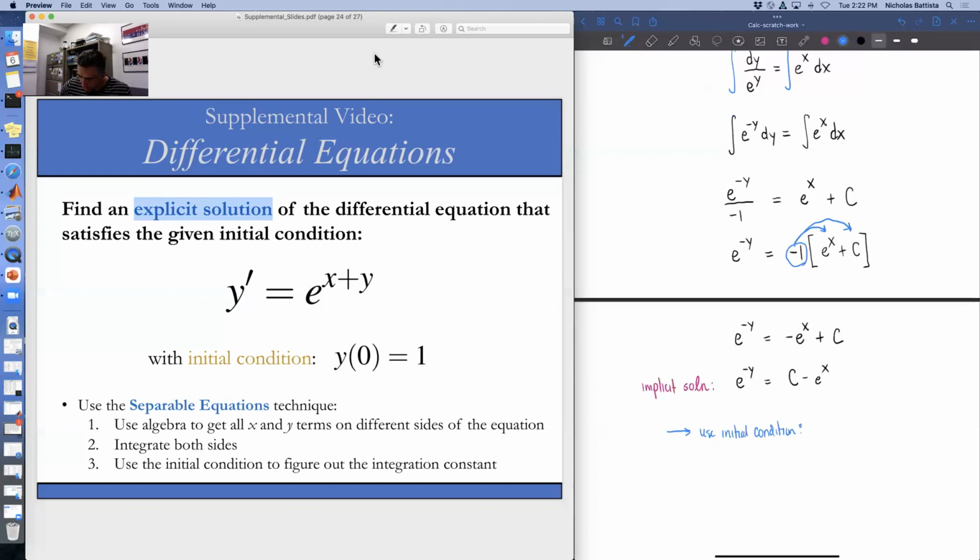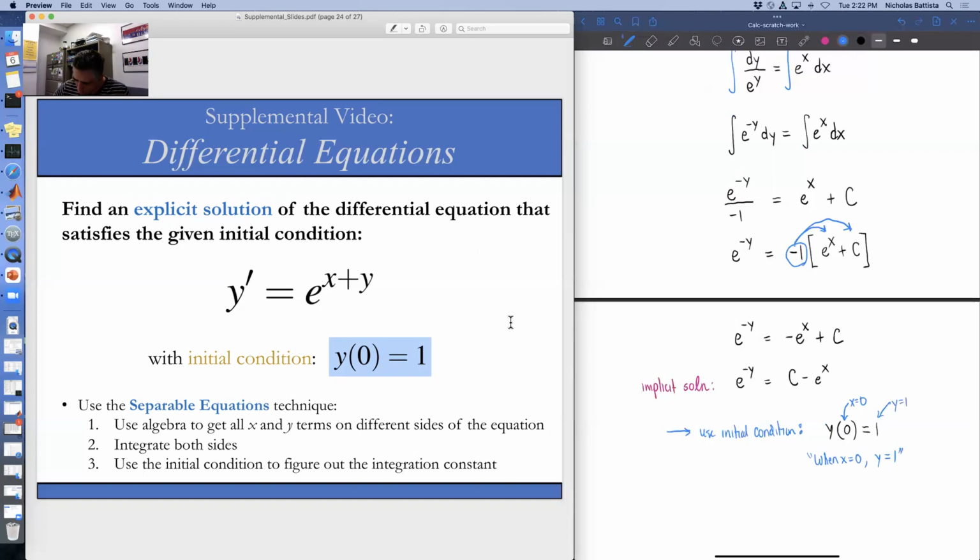And the initial condition that we're given in this problem is basically that y of 0 equals 1. So let's think about this for a moment. What this actually tells us is that when x equals 0, y equals 1. So again, we have x equals 0 and y equaling 1.